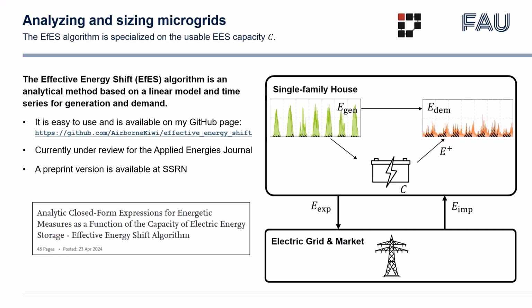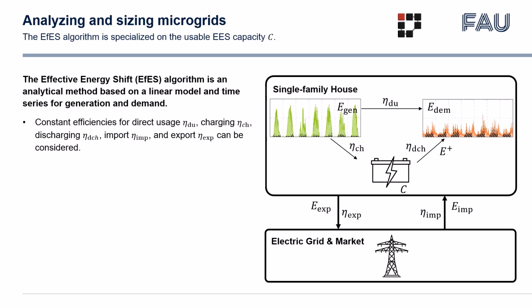And below, you can see a demand. In this case, it was a demand for a 4-person single family house, standalone in the middle of Germany. But it doesn't really matter which time series you take, since the algorithm is agnostic.